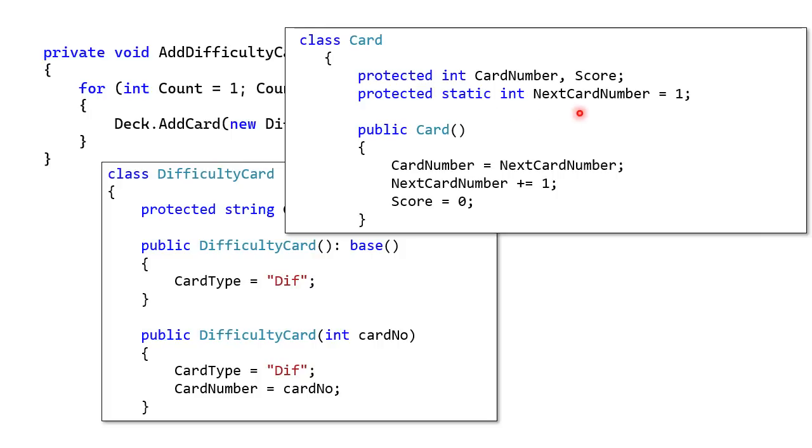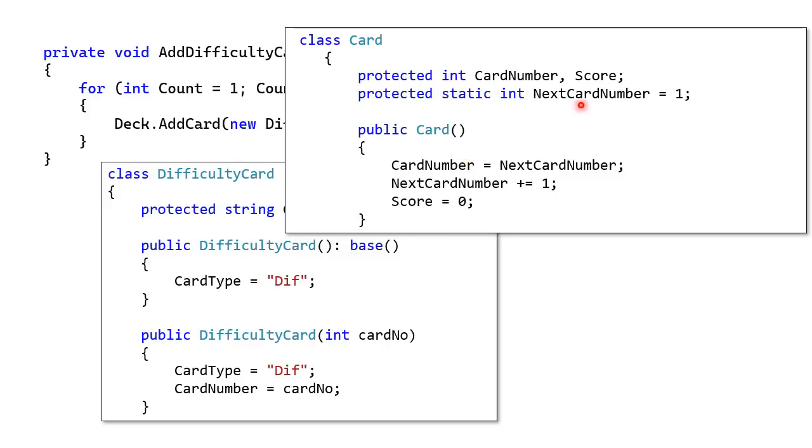here, next card number. It being static means that it's shared by all of the cards and their subclasses. There's only one version of this shared amongst all of the card objects, and that would include the tool cards and difficulty cards. The constructor, the code here that's being used, will take the card number that we've got here, next card number, and place that into card number.